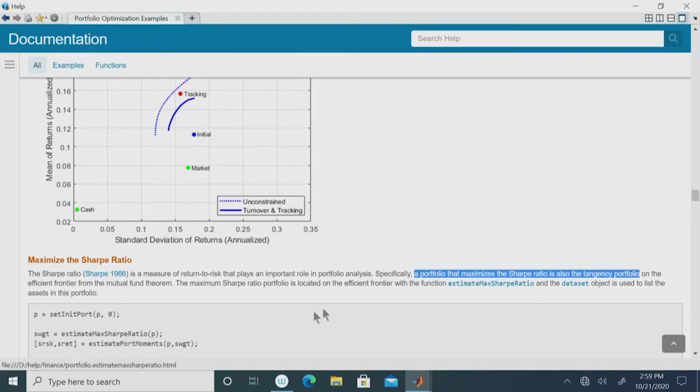The reason you want to maximize the Sharpe ratio is that it looks at the excess return over risk, and the larger this value is, the larger the amount of excess return you achieve per unit of risk, given by the standard deviation.